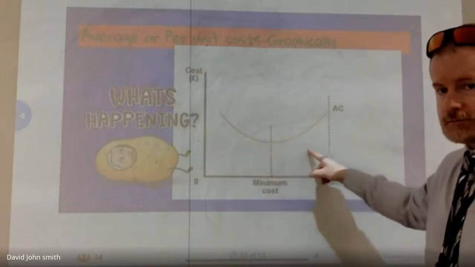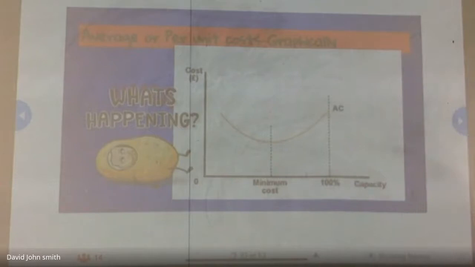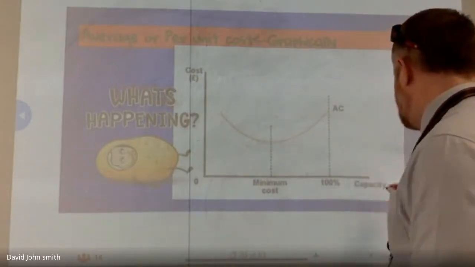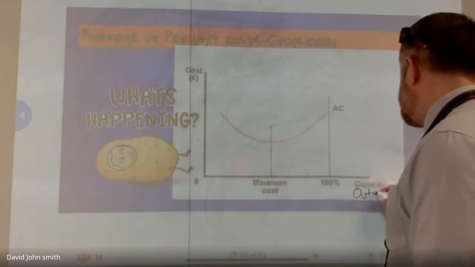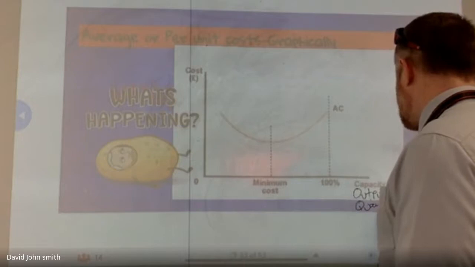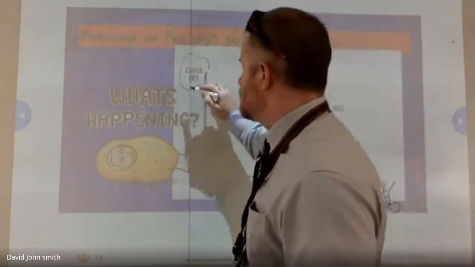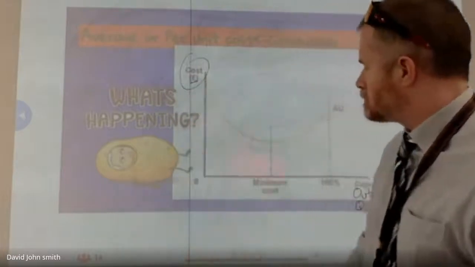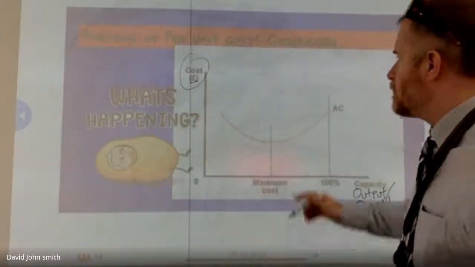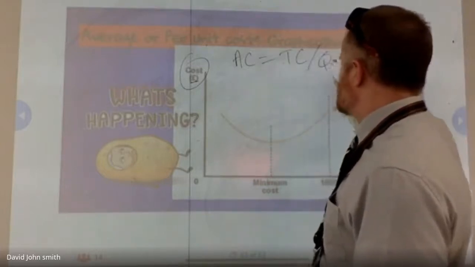And then if this was output, or if you like quantity, that a business is going to make, there's your costs. We've got to price them. And then we need to look at, remember, average cost is total cost divided by quantity.